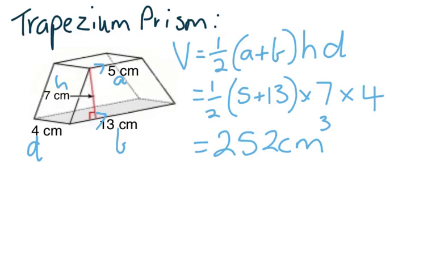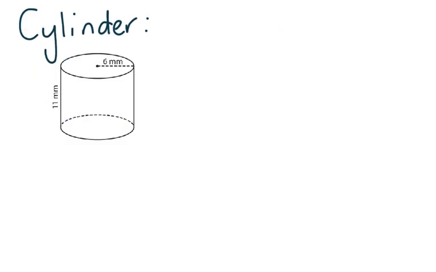So our last one is a cylinder. Now it's a special type of prism because it doesn't have straight edges, but we still see it as a prism because it has the same front and back. So they're both circles. Now we need to do the area of the base, which is a circle.